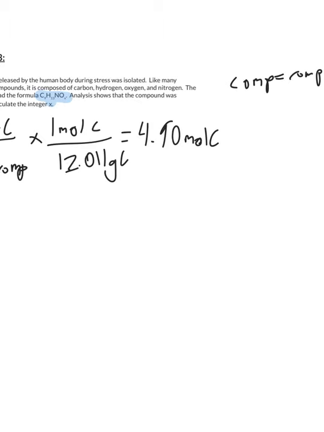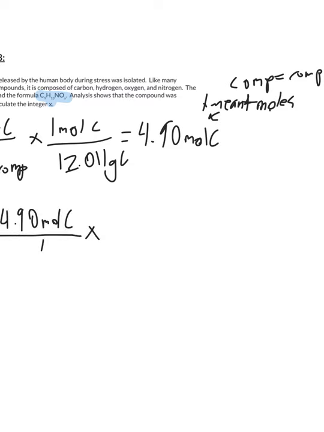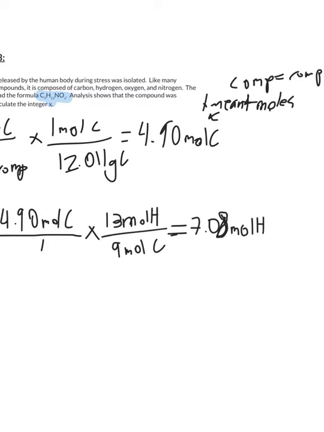So we'll use our 58.9 grams of C over 100 grams of compound because that's the percent ratio. And we'll convert from grams to moles, and we will get our moles of carbon. Then we want to find the mass of H, but we're going to do it in 2 steps so we can save the moles for later. So we have our 4.9 moles of C, and we know that there are 13 moles of H for every 9 moles of C, which equals 7.08 moles of H in a 100 gram compound.